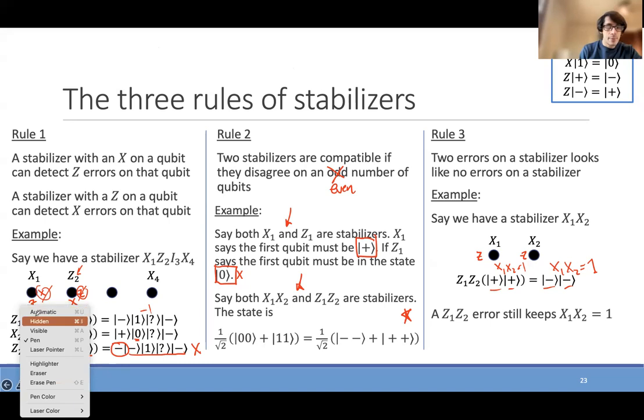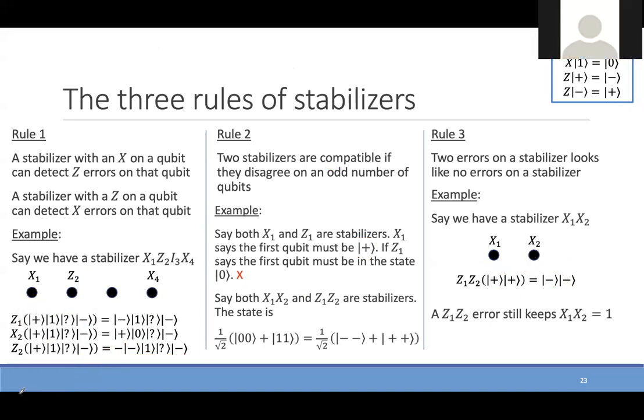Sorry, say that again. So the last case where we put the Z2 error. Yeah. This should be a plus right here. That's correct. Right, because the Z2 error doesn't change this first qubit at all.